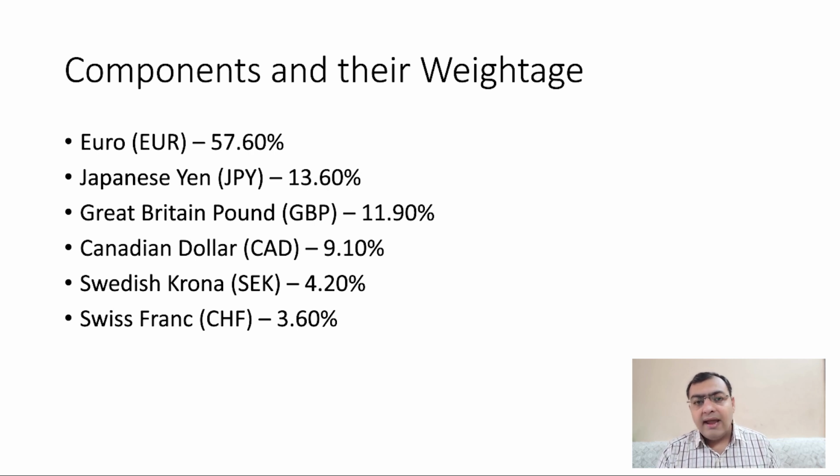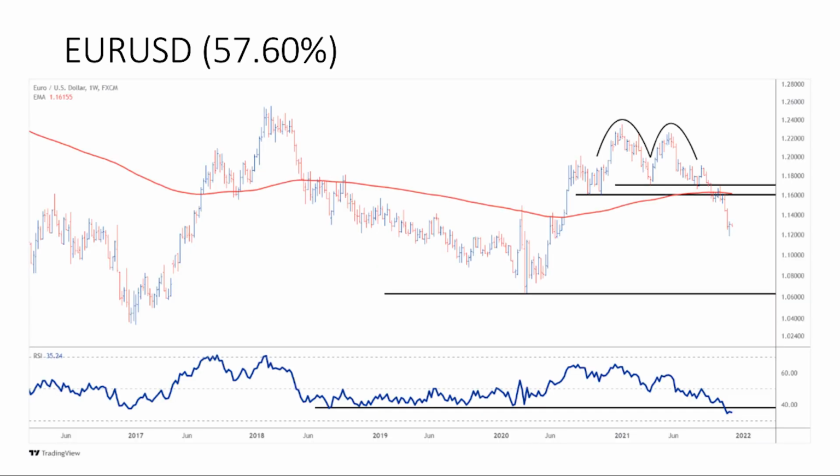So let's look at the momentum and analysis one by one, starting with the first three, which comprise somewhere around 72% of the dollar index. The first is EUR/USD, which has around 57.6% weightage.